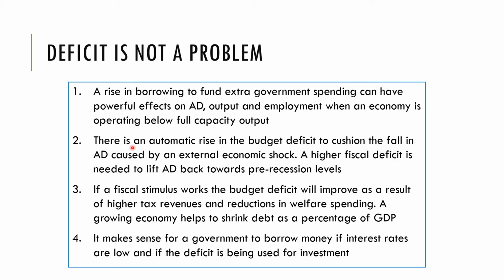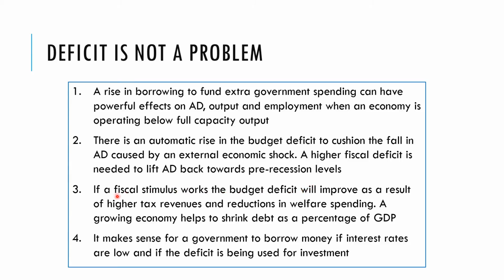Often we would expect to have a deficit occur to cushion the fall in AD that is caused by an external economic shock. So, for example, the fact we have had a recession recently and not a particularly strong recovery would suggest that actually there should be a budget deficit. Government spending should be higher than taxation to get us back towards pre-recession levels.